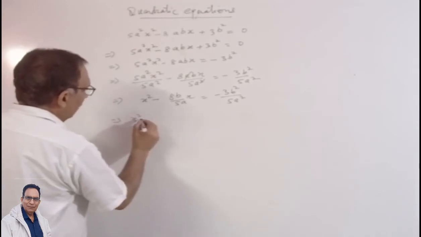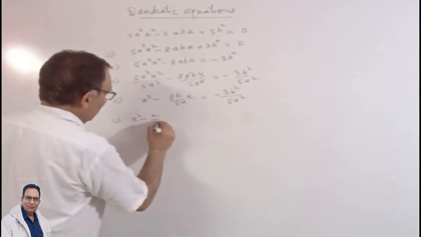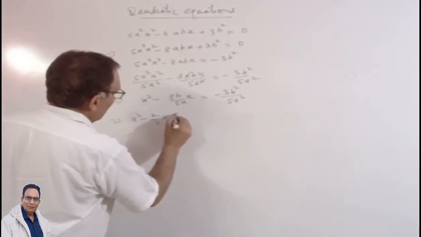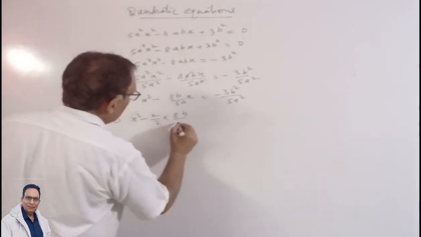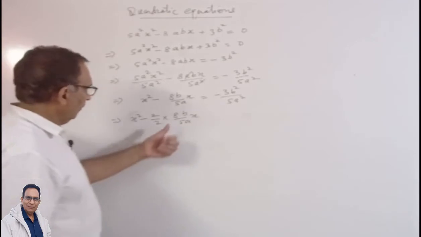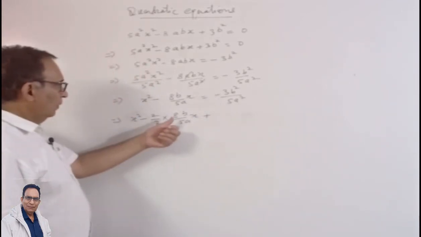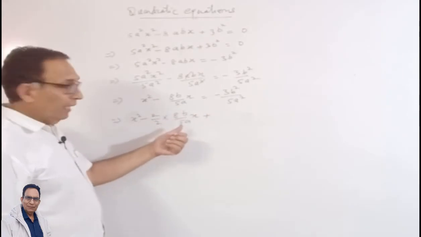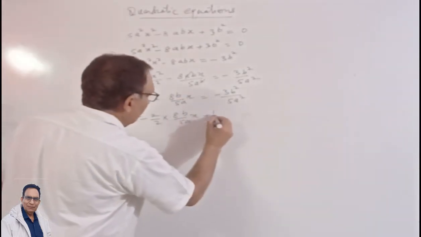Coming over here, we were following a procedure, writing 2 over 2 here, write 2 over 2 into 8b over 5a x plus. 8b over 5a is the coefficient of x. So first of all I write half.